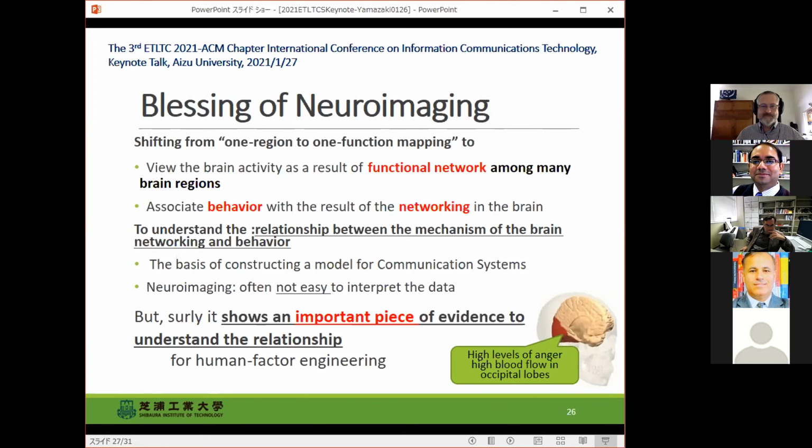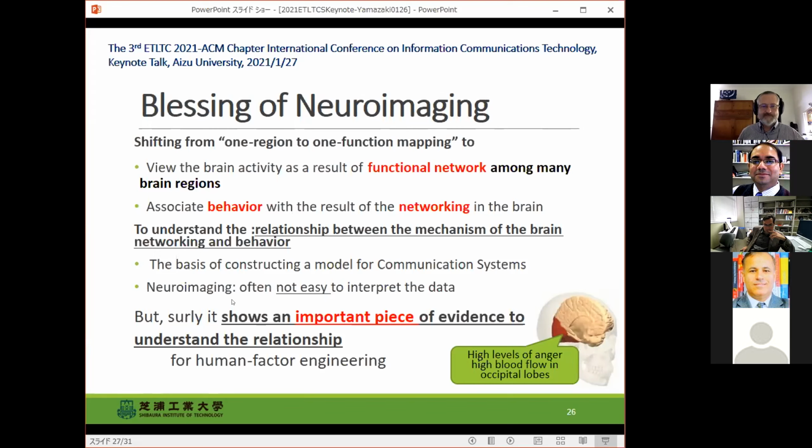And also, it's not easy to associate behavior with the result of networking in the brain. But in order to produce very effective systems in terms of engineering, we have to understand the relationship between mechanisms of the brain and the networking and behavior.